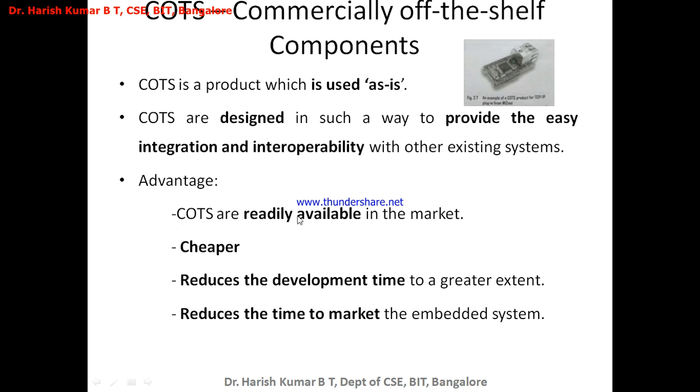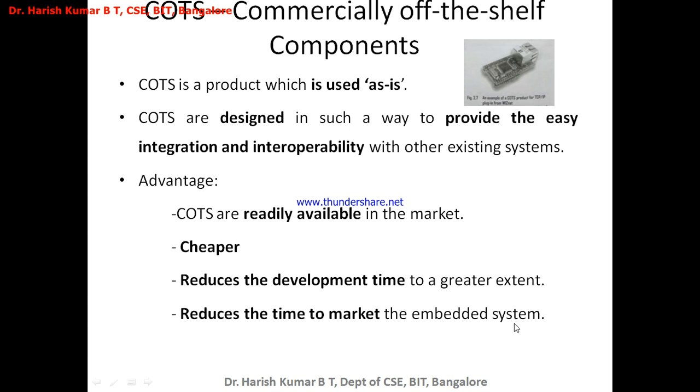Now what are the advantages? They are readily available in the market, just as groceries are, and they are cheaper also. They reduce the development time to a greater extent. Since I am picking readily available components from the market, I can reduce the development time of my embedded system and also reduce its time to market.